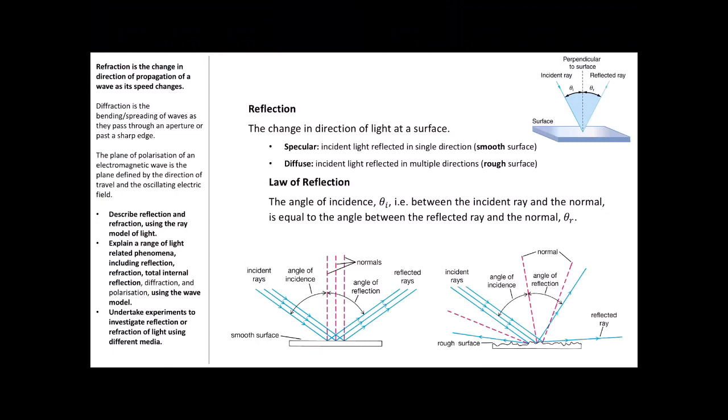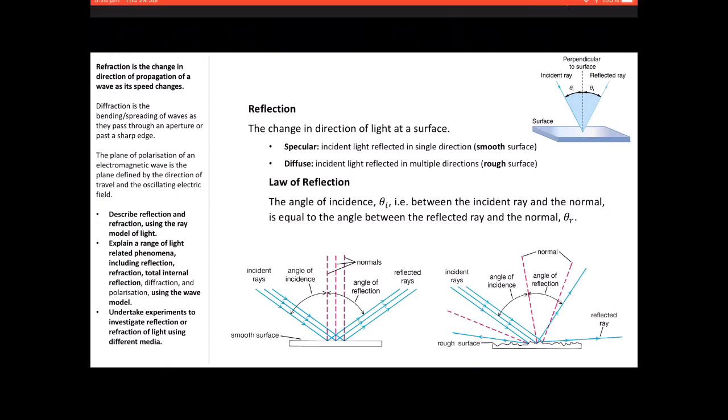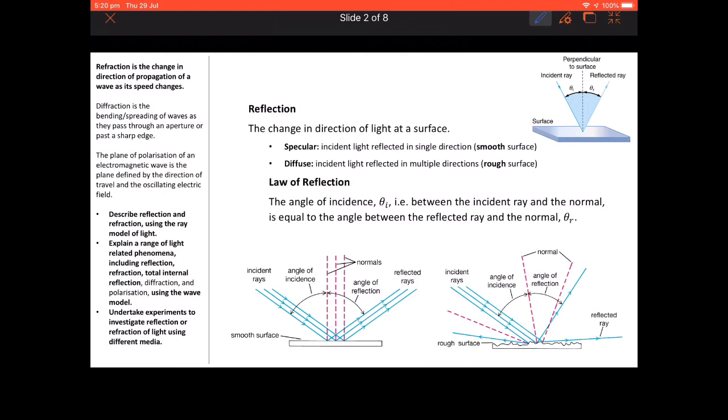So reflection is the change in direction of light at a surface. You can have specular reflection, which is where the incident light is reflected in a single direction, and this happens with smooth surfaces. So this example here is specular reflection.